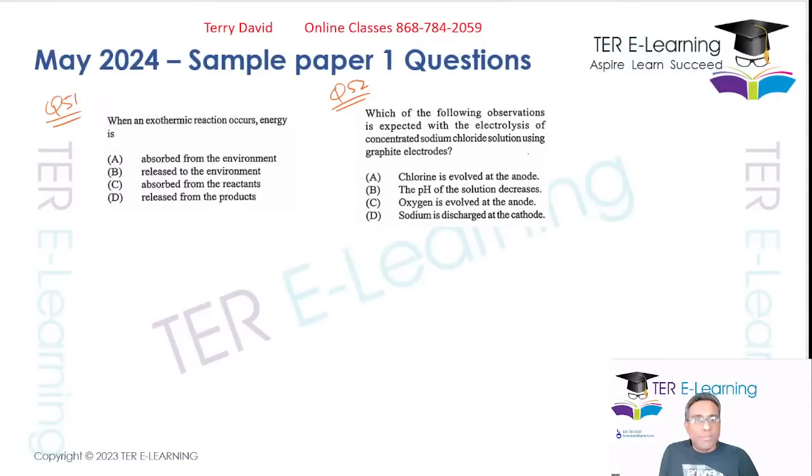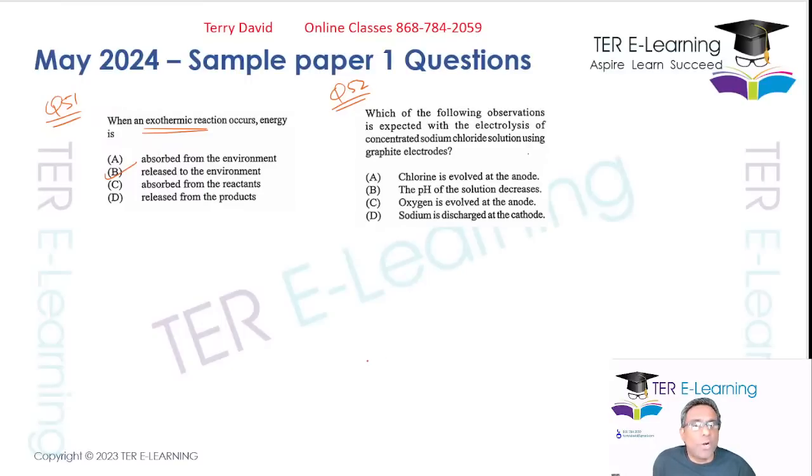People are getting the answer as B. Let's see if that's making sense. So, exothermic reaction. Once you have an exothermic reaction, energy is released to the environment. So therefore the answer has to be B. The answer is B. What about 52?